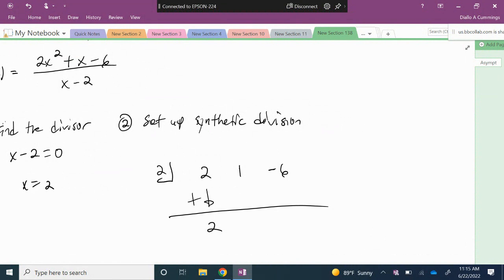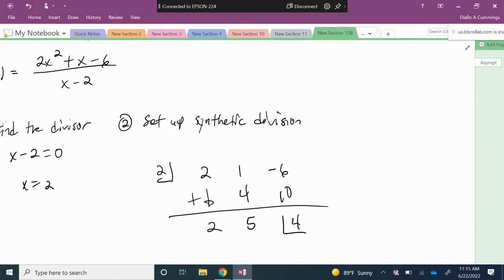Now we're just going to multiply and add. So 2 times 2 is 4. 1 plus 4 is 5. 2 times 5 is 10. -6 plus 10 is 4. So we have a remainder of 4.